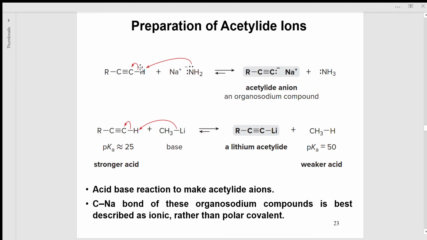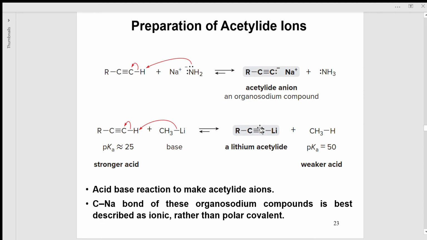So alkyne, this hydrogen shows some acidity. So if we have a very, very strong base, we can prepare an organometallic compound. This is called acetylide anion. We can use the lithium reagent to prepare lithium acetylide here. They are very strong bases.